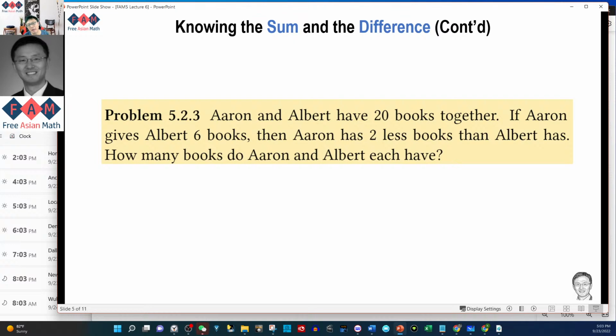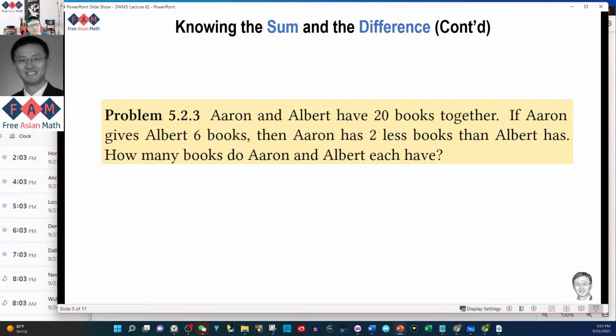But that's because Aaron gave 6 books to Albert. If we reason backwards, as of right now, Aaron has 2 less books, but that's because Albert took 6 books from Aaron. If Albert gives those 6 books back to Aaron, then we will restore the original case.